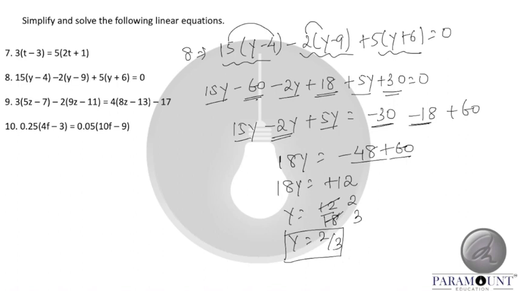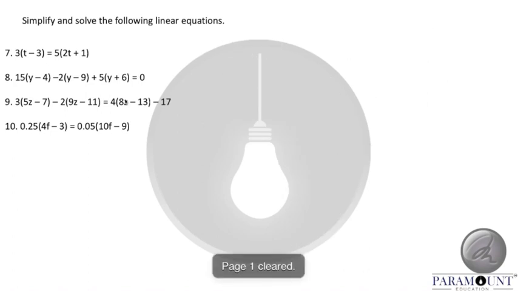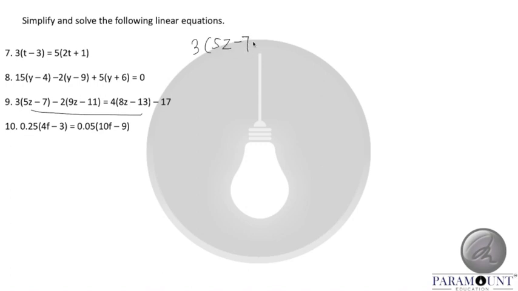We'll proceed with the third question of this slide. So 3 into 5z minus 7 minus 2 into 9z minus 11 is equal to 4 into 8z minus 13 minus 17.